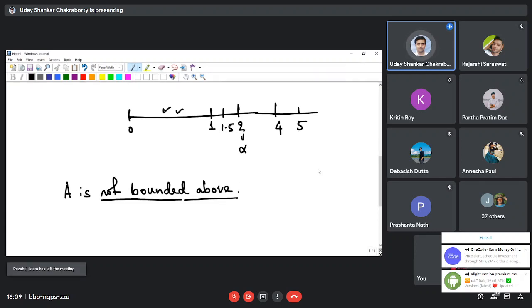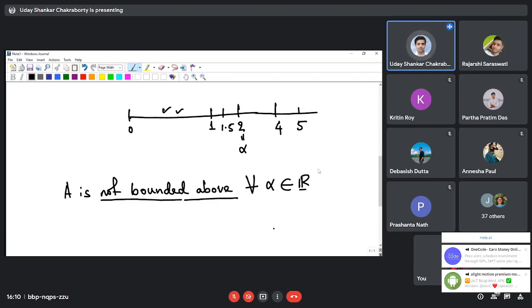A is not bounded above means whatever alpha you give me, that will not work. Do you follow this? Yes, sir. That means mathematically I write that for every real number alpha, something should happen.